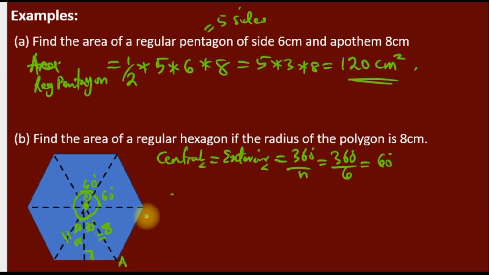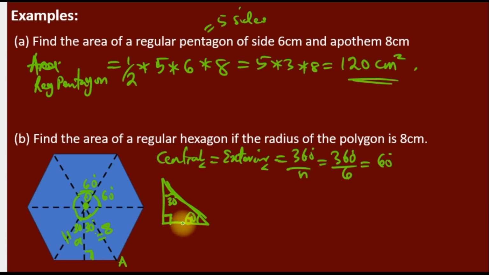But before I solve it, there is an elementary theorem that will help us solve this question. It's called the 30, 60, 90 triangle theorem, to help us get the apothem fast. Looking at it, the answer is 4 root 3. You'll be wondering how.